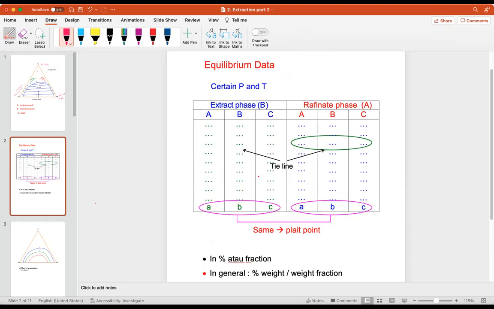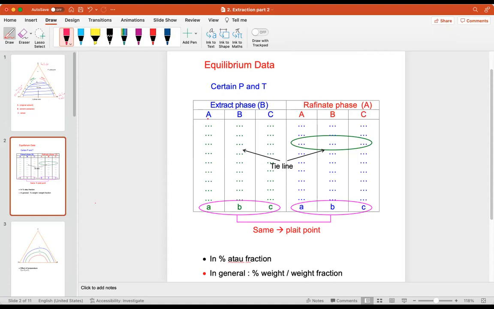Okay, so it looks like this. At a certain pressure and temperature, this line tells you the composition of the extract phase, which is in equilibrium with the composition in the raffinate phase. And if you're given these tables, you should be able to construct the phase diagram for the liquid extraction.